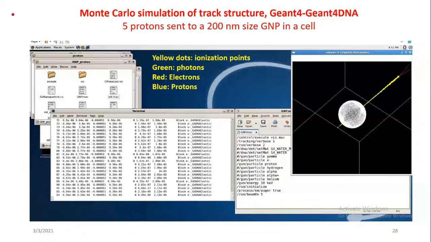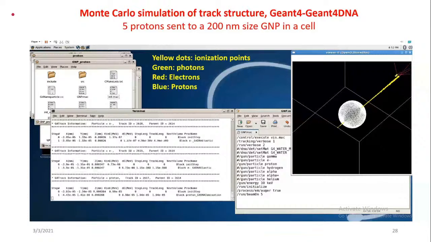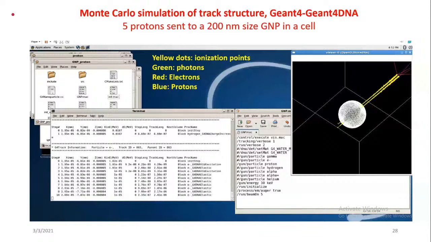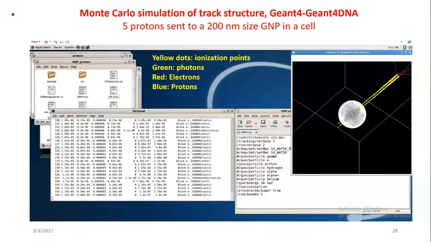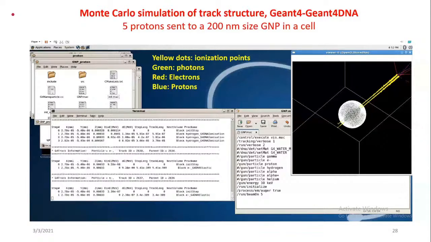The process of ionization in protons versus electrons is slow, and the compactness of ionization makes the proton biologically more damaging. And the overlap among the particle tracks is substantially higher compared to the electrons.